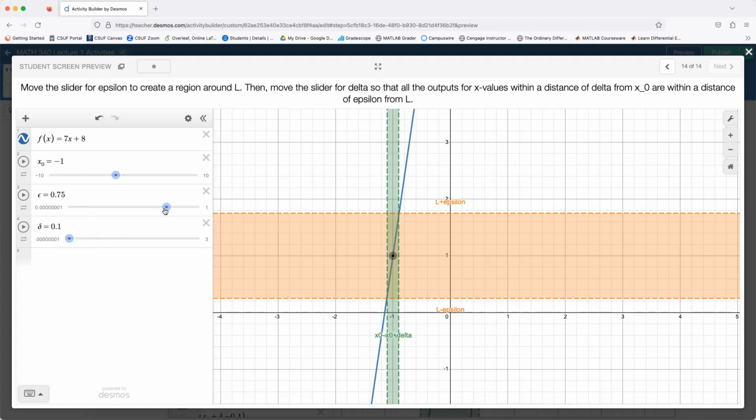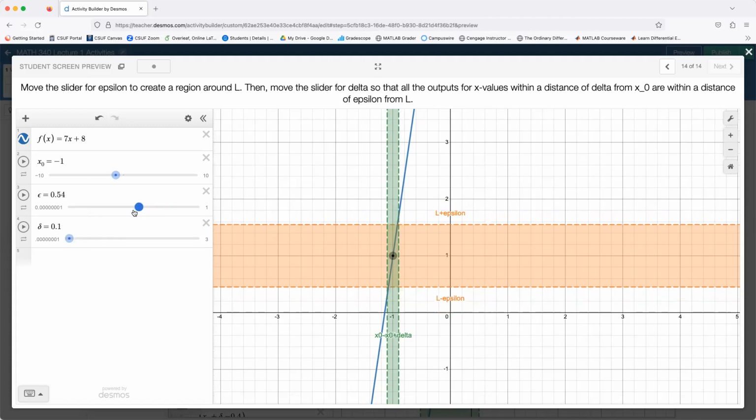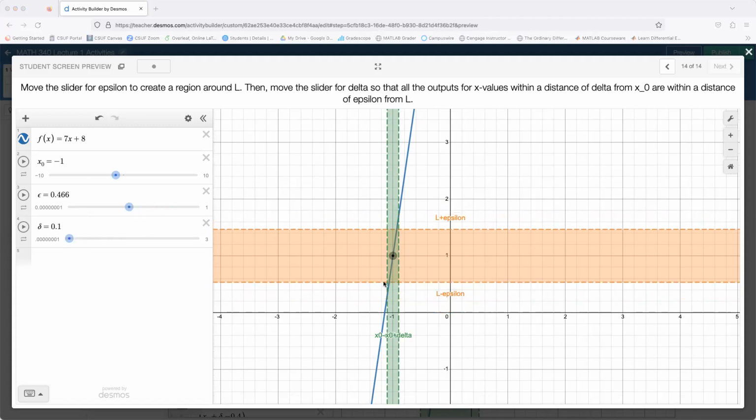If I make epsilon even smaller, maybe I can use a different color, you'll notice that some of my output here is now no longer in this window. So I have to make delta even smaller so that I can get in this window.